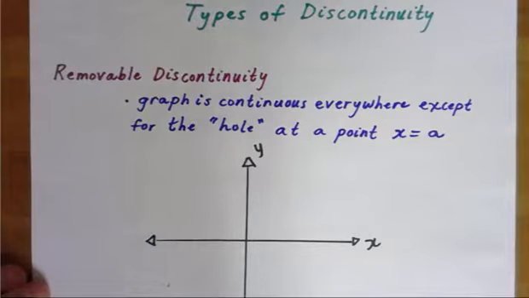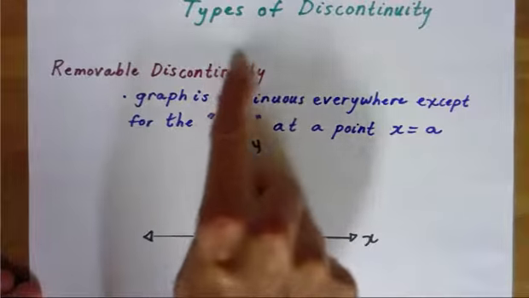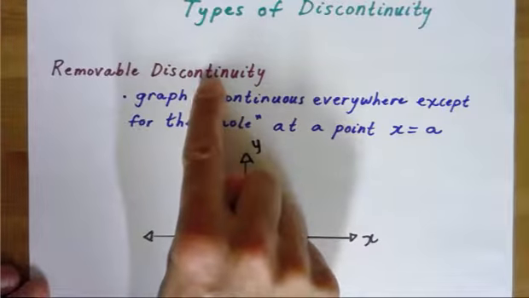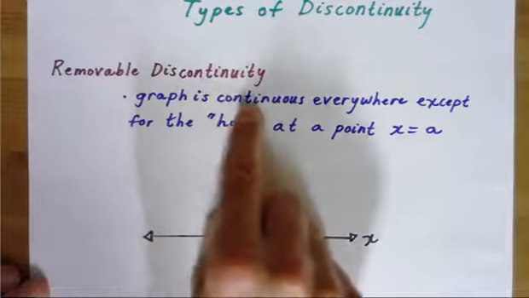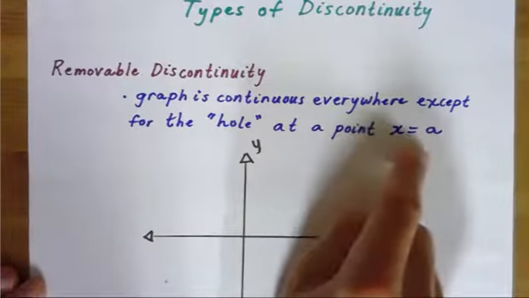In this video lecture, all we're really going to be talking about is types of discontinuity, and the first one we're going to talk about is a type of removable discontinuity. A graph is continuous everywhere except for the hole at a point at x equals a.